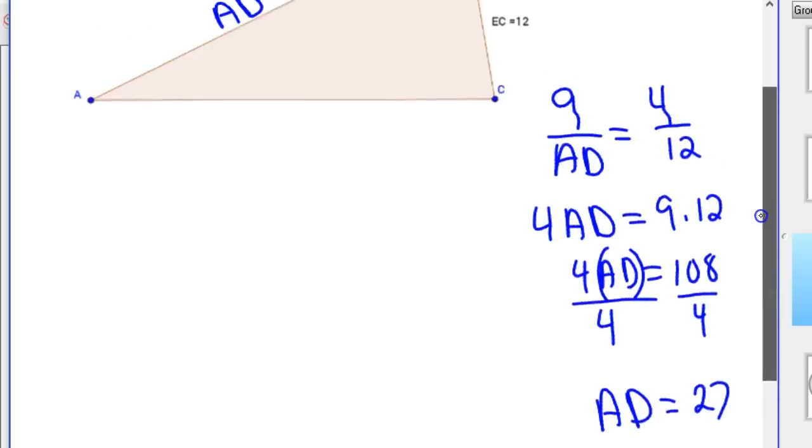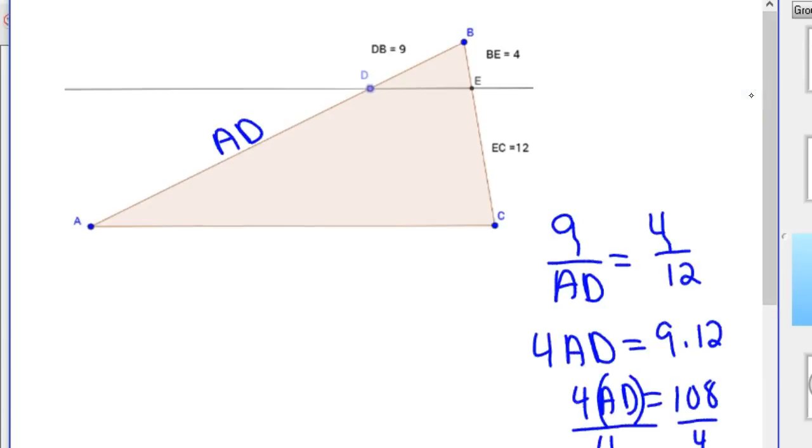What's always good is to go back and look. These are done proportionally, so does this look like 27? To me it does, because this is 9, and this looks about 3 times the size of that 9. So the answer makes sense.